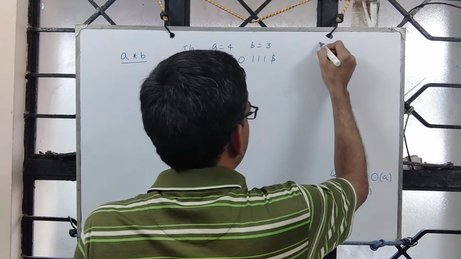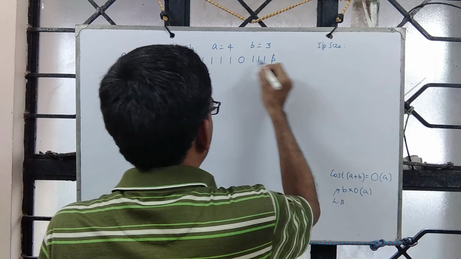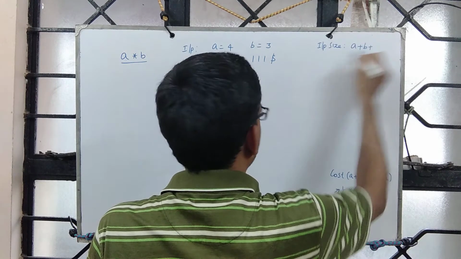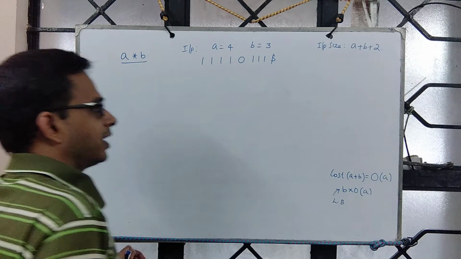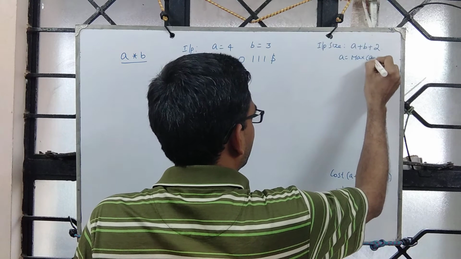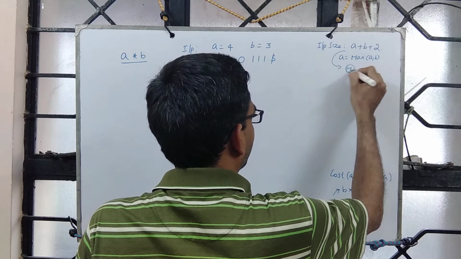And as far as input size is concerned, we represent A in unary, B in unary, and this delimiter. So it is A plus B plus 1, say plus 2. And if A is max of A comma B, then this value is precisely theta of A or order of A.